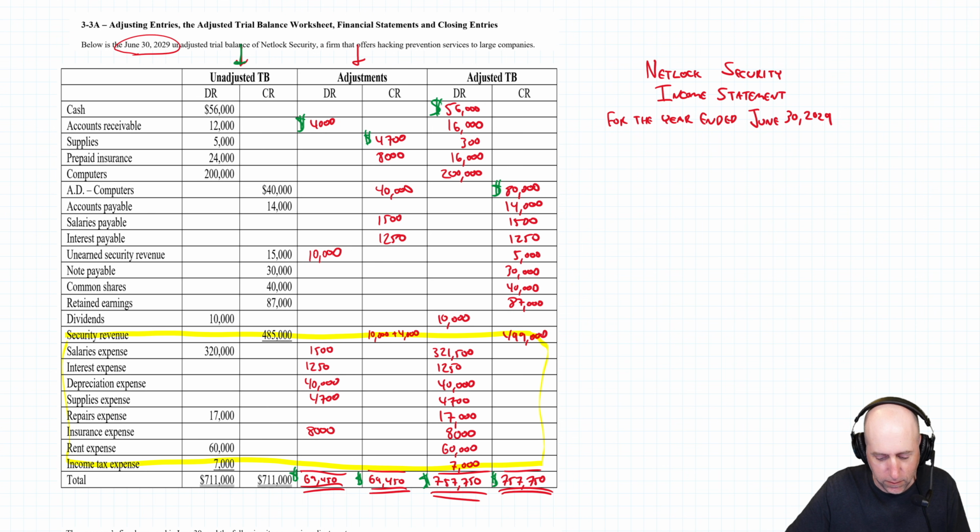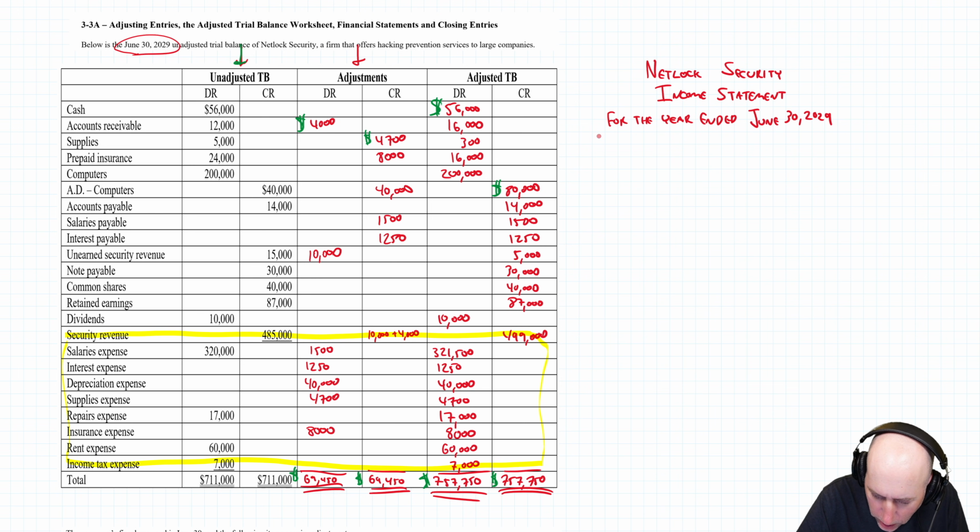So it's going to be $499 minus all this stuff, which gives us our net income, but we have to lay it out properly, of course. This is a flashback to chapter 1, very similar to problem 1.5a. So if you're looking for more financial statement practice, I think 1.5a is a good version of this.